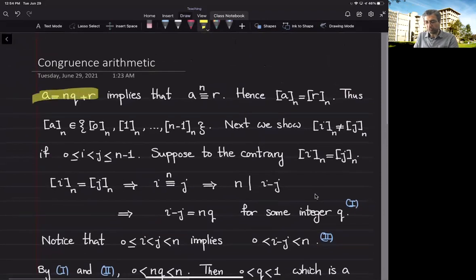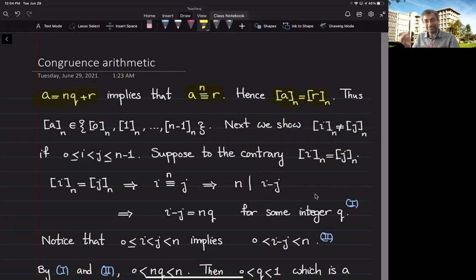Because a is nq plus r, I deduce that a minus r is a multiple of n, therefore a is congruent to r modulo n. But we have discussed that a is congruent to b modulo n if and only if the mod n residue class of a is equal to the mod n residue class of b. So this relation implies that the mod n residue class of a is equal to the mod n residue class of its remainder.